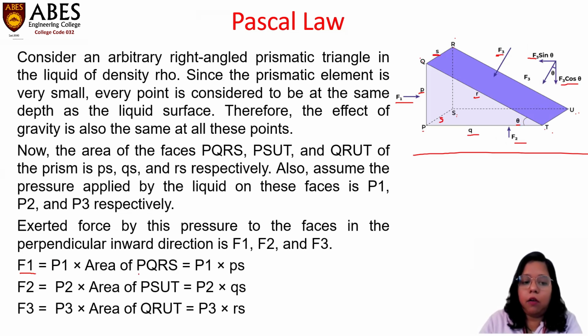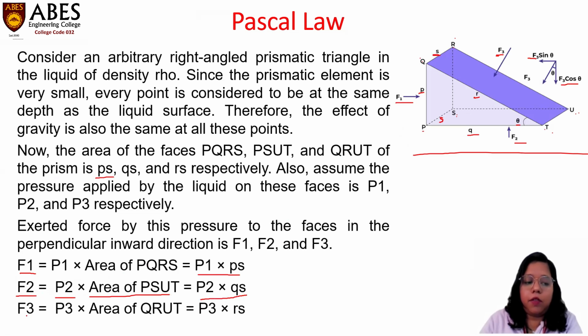When we are calculating the forces on these three faces, first F1 is equal to P1 into the area of PQRS, and the area of PQRS is ps. So F1 will be equal to P1 into ps. Next, the F2, that is the force exerted by the liquid on the face PSUT, is P2 into the area of PSUT, that is P2 into qs.